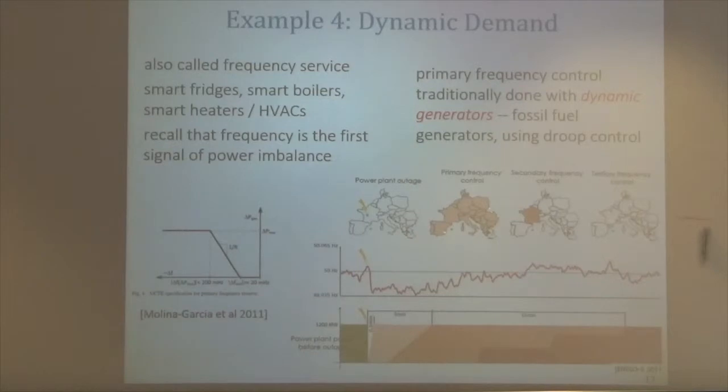Now, primary frequency response is universal. The whole interconnection will do it. The other systems are under the responsibility of the area where the thing happens. So if there's a failure in France, it's up to the French transmission area, and France is only one area, to solve the problem, and it will solve it by calling its own reserves.